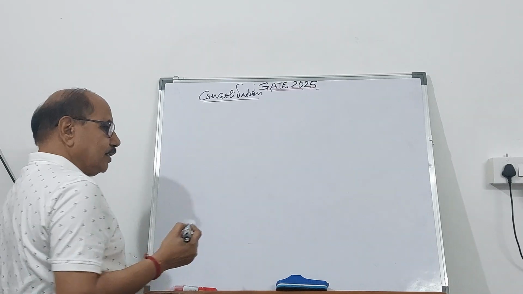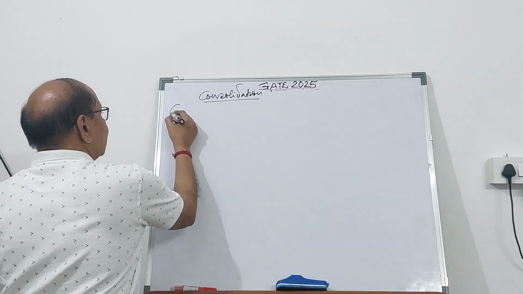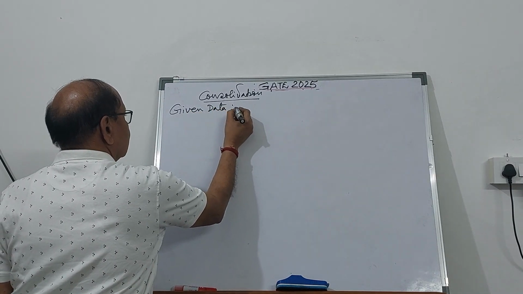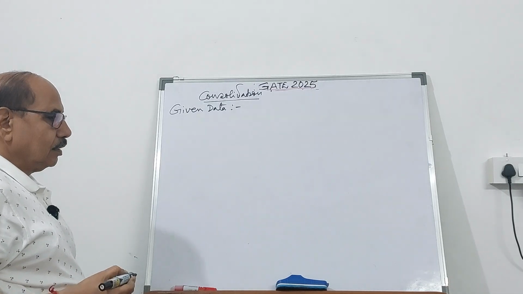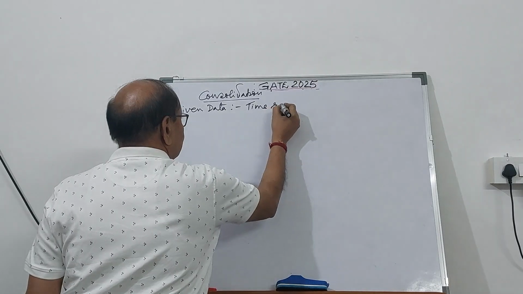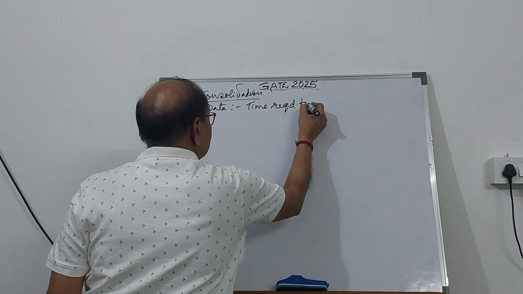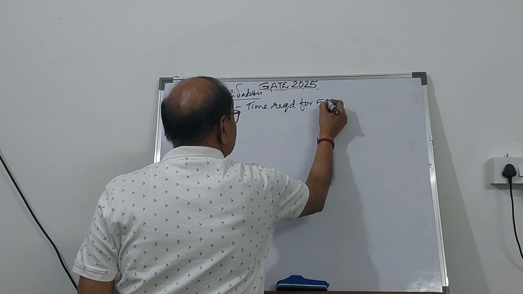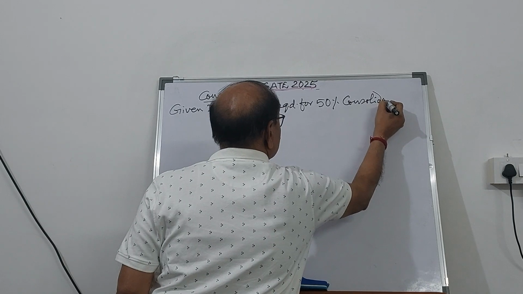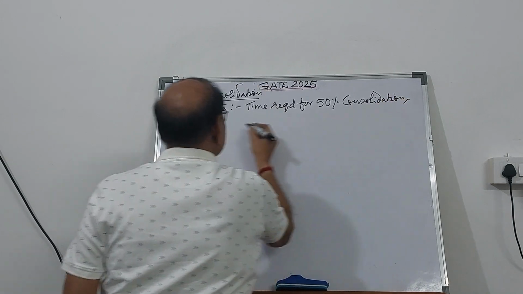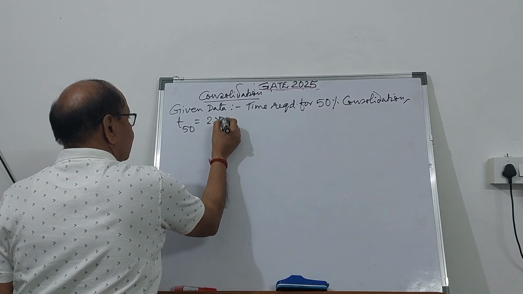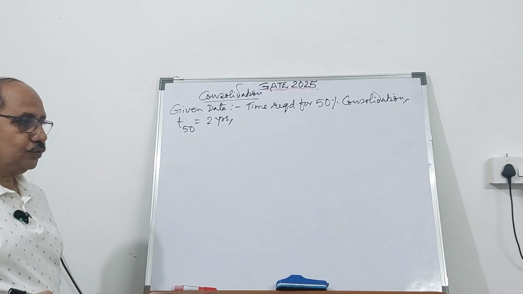The problem says that given data are: time required for 50% consolidation, T50, equal to 2 years. This is given to you.